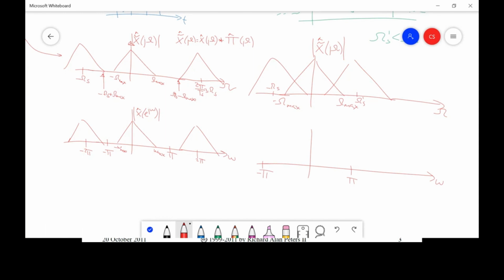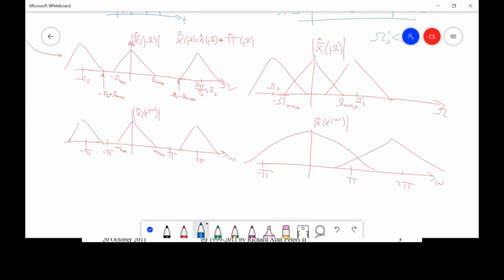But what I see is that now my spectrum seems to be wider. And this copy that is here at 2 pi is also wider. I'm not drawing the one at minus pi. So let's put labels again. So this is X, and that is omega.